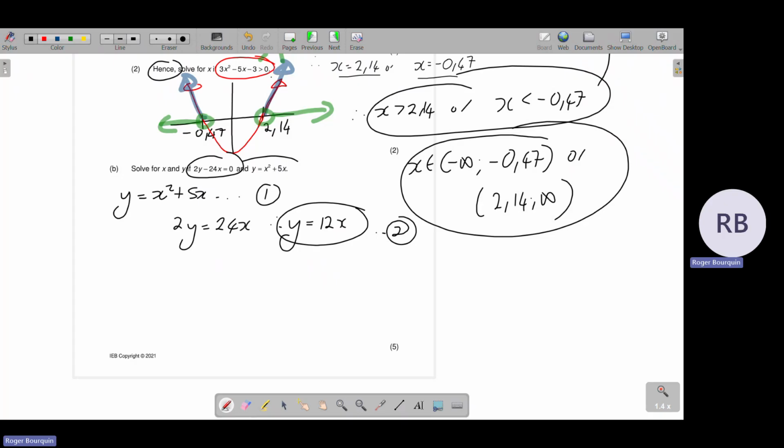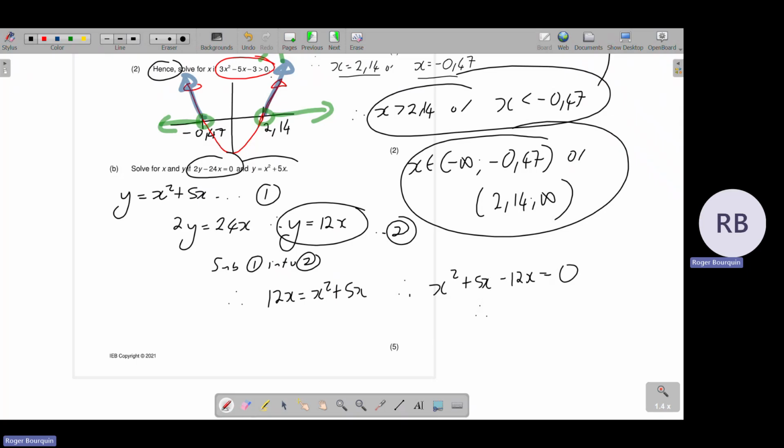If I do the way I've done, I'm going to sub 1 into 2. You're going to get 12x is equal to x squared plus 5x. So therefore x squared plus 5x minus 12x is equal to 0.